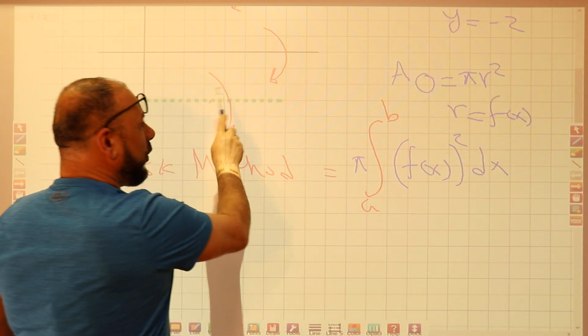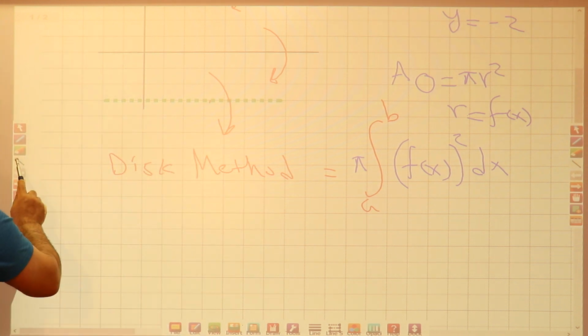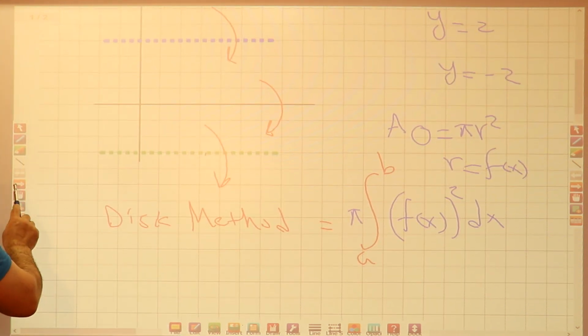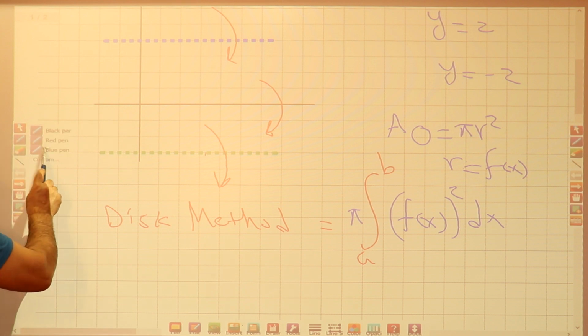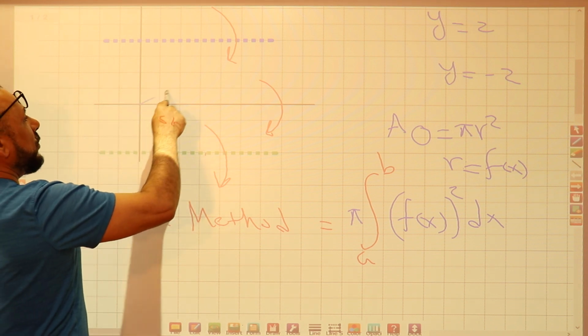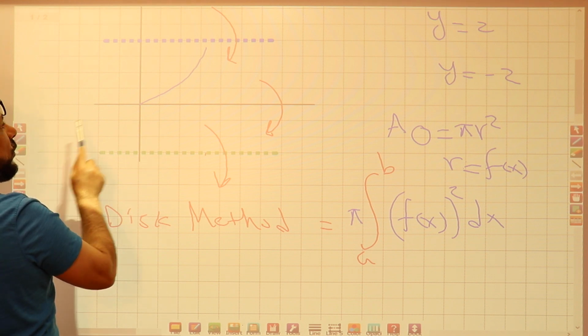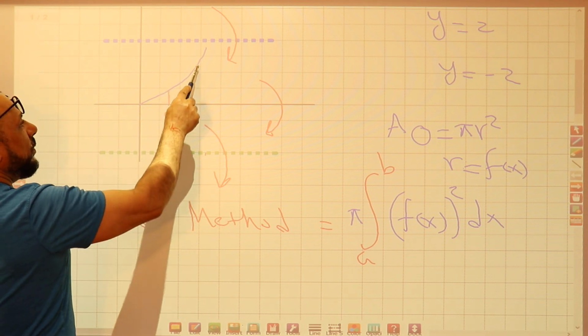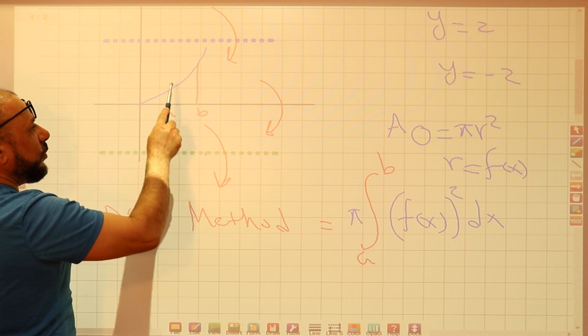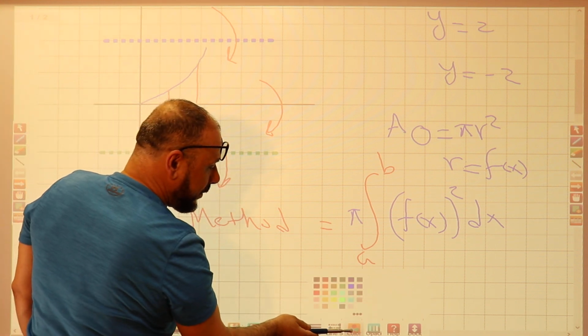Now we talk about revolving about the x-axis. If we have this function here, and this function goes from a to b, we need to revolve from a to b.